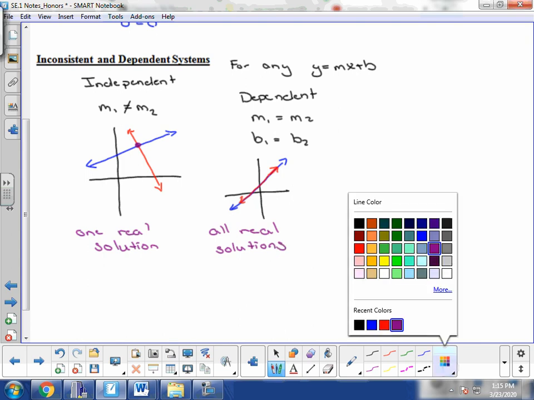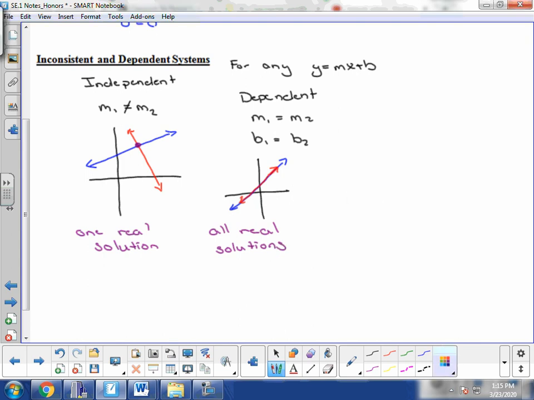The final kind that we haven't looked at is what we would call an inconsistent system. This is when the slope is equal, but the y-intercepts are not equal.